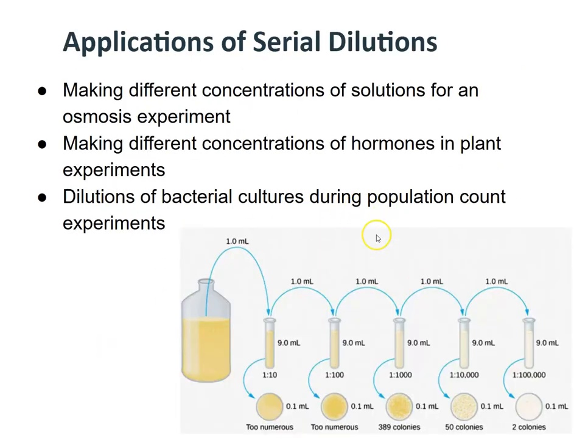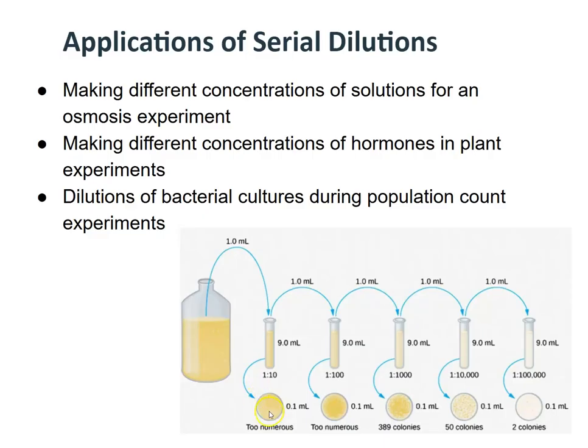When would we use this? Well, if you wanted to make different concentrations where they increased greatly, by a geometric series between each concentration, so maybe in an osmosis experiment or in a plant hormones experiment, you could do it that way, or in an experiment where you might be needing to count bacterial colonies from a culture, but originally there's just way too much bacteria to count. So if we were to try to count this, well, we couldn't see it, right?